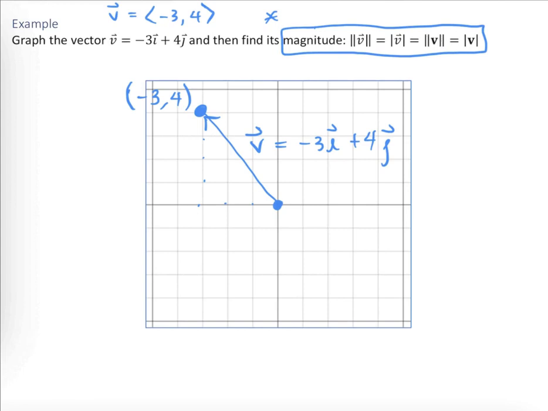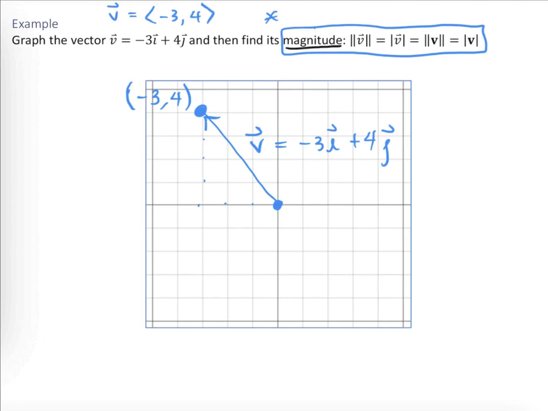Some textbooks are going to use double bars to talk about magnitude. Some use just a single bar. And so we could say double bars with arrows, single bars with arrow vectors, double bars with boldface letter, single bar with boldface letter. Either way, any of those four ways, that's talking about the magnitude of the vector.